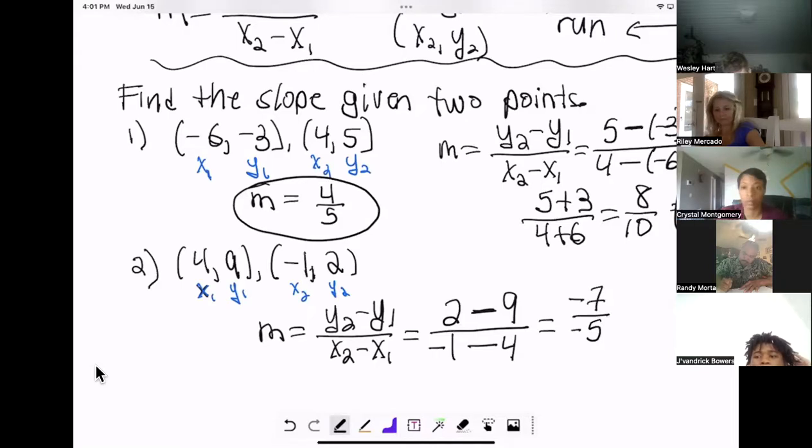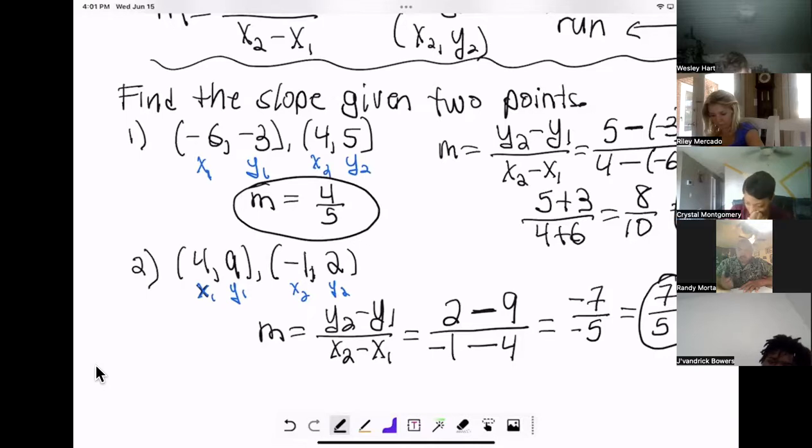But we can simplify that because a negative divided by negative is a positive. And you always want to leave your slope as a fraction. Don't make it a mixed number. Leave it as an improper fraction. You want it to be a fraction because you want to know your rise and you want to know your run. And a fraction is what you want.